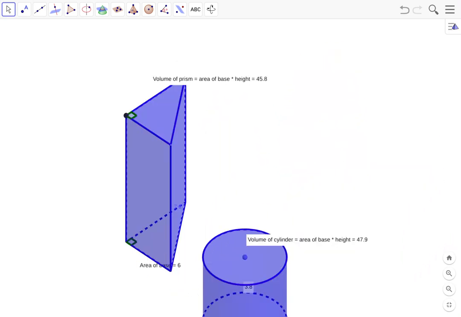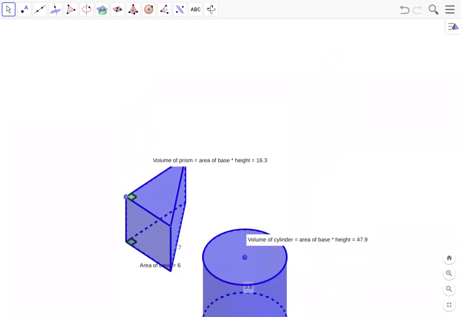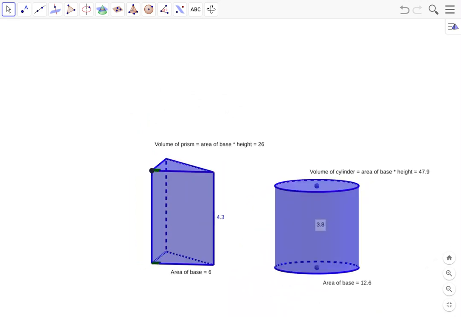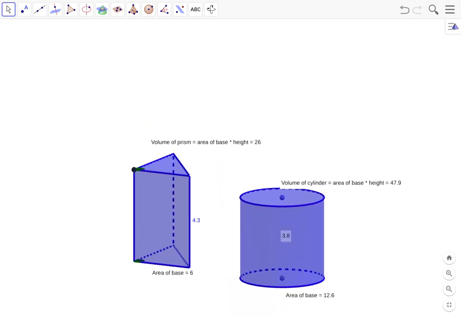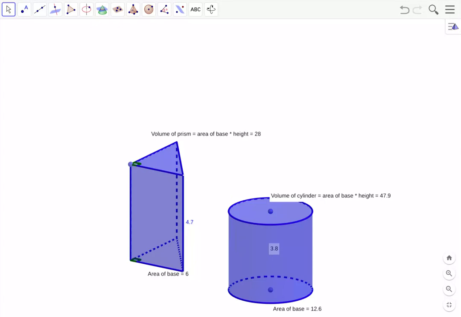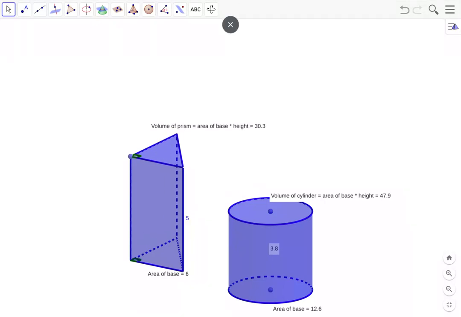So in this case, the area of the base is 6. And then I could pull it up. Let's pull it up to about 5. There you go. So a base of 6 and then a height of 5. So the area of that base, 6 times 5, gives us that volume of 30.